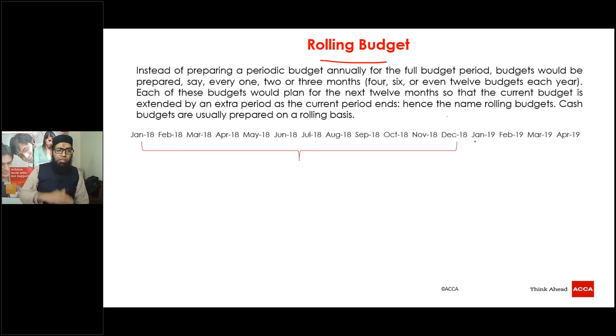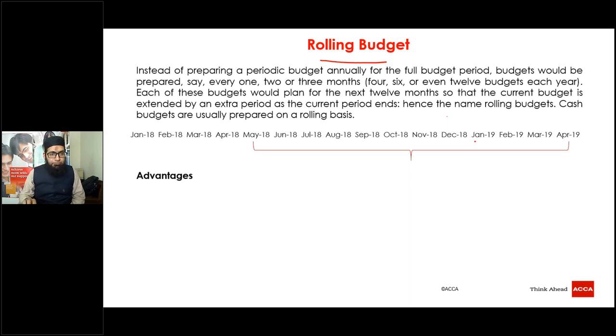So what we do, that after every 2 months, we re-prepare our budget, and our next budget will be from March 2018 to February 2019. Similarly, the third budget will be May 2018 to April 2019. And this is how it goes on. So after every 2 months, I will have a complete 12 months plan once again.